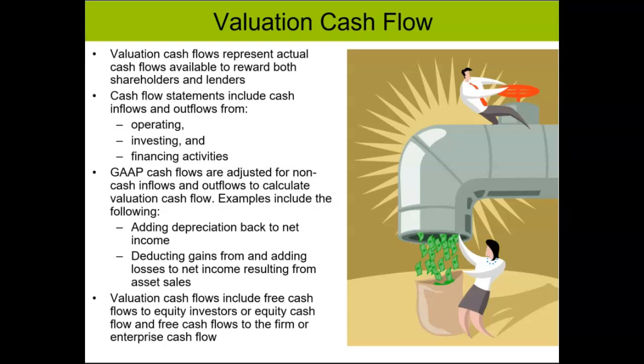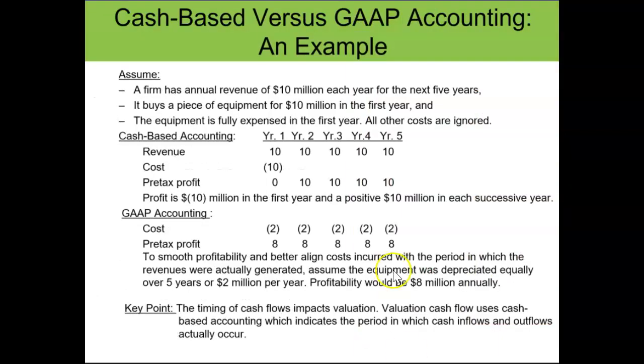Based on cash based accounting, for year 1, year 2, year 3, year 4, year 5, the revenues will be as shown here. Then the pre-tax profit is negative 10 million in the first year and a positive 10 million in each successive year.